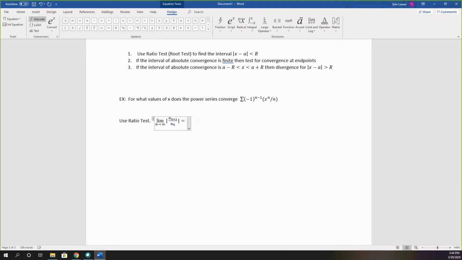So for us, this is going to be the limit, and then just writing in the n plus 1 term here, my numerator will end up being -1 to just the n times x to the n plus 1 divided by n plus 1.